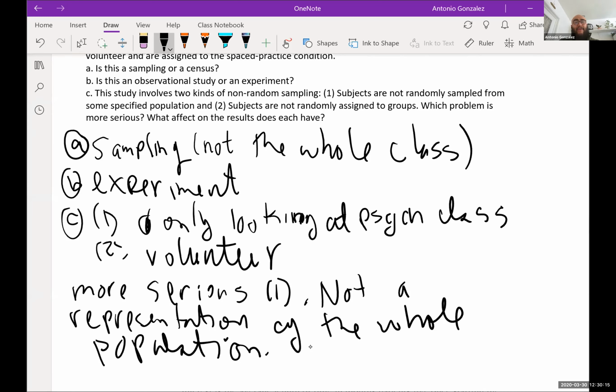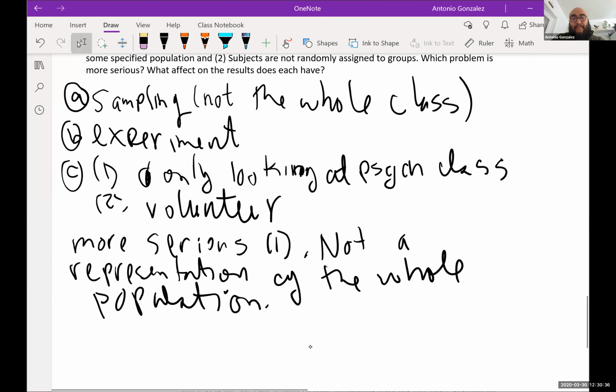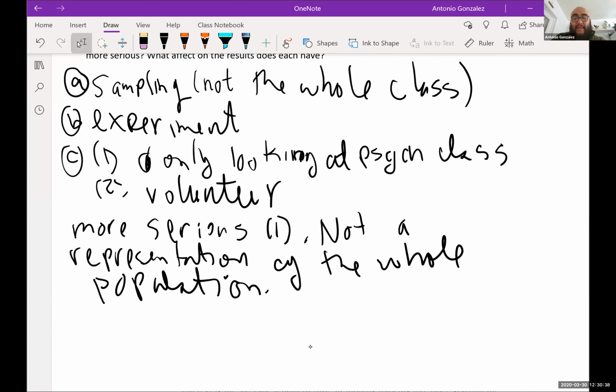I think if we limit ourselves to one group in this introductory psych class, that is probably not a good representation of the school itself. And if we're trying to make assumptions about an even bigger population, then that won't be very useful either. The same goes for the volunteers.